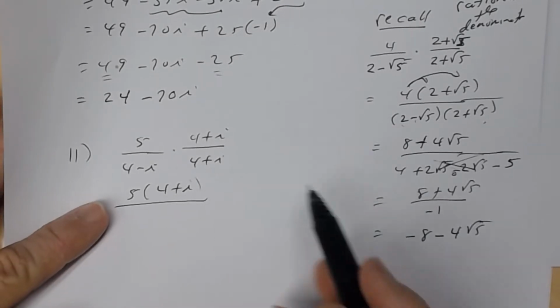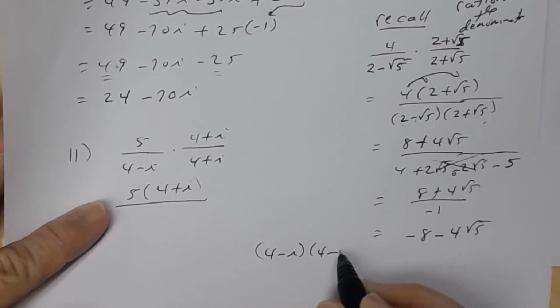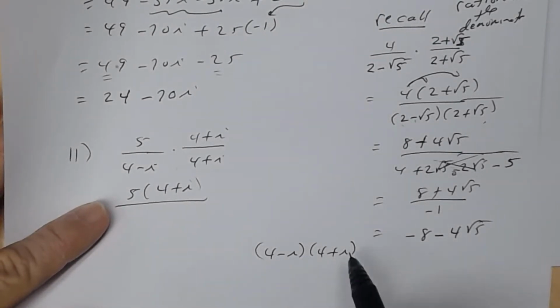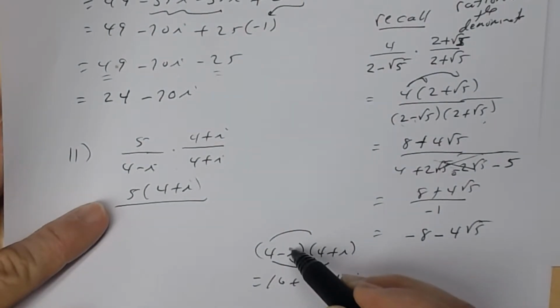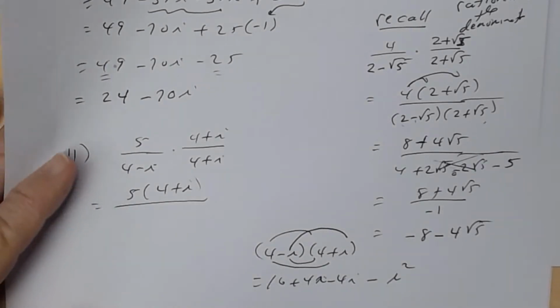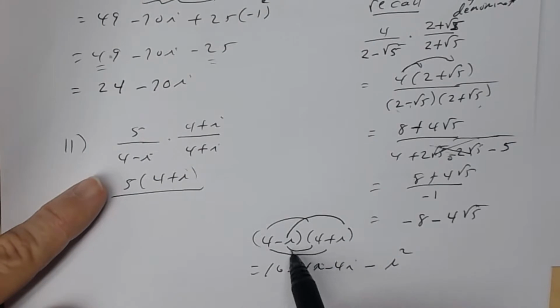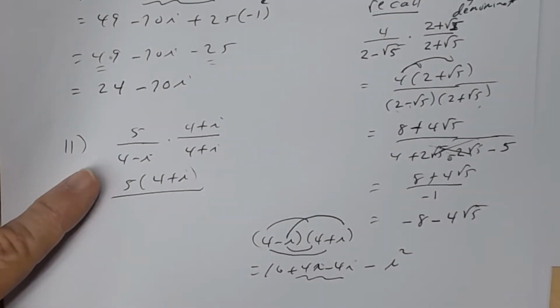Now in the denominator, let's go off to the side and multiply this out. So I get 4 minus i times 4 plus i. All right, so if I use the FOIL method, 4 times 4 is 16. The outer is 4i. The inner is a negative 4i. And then negative i times i is a negative i squared. All right, just like before, this looks like the difference of two squares, so this is going to be 0 right here.